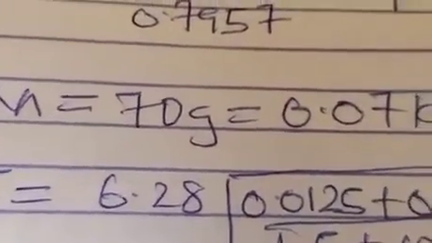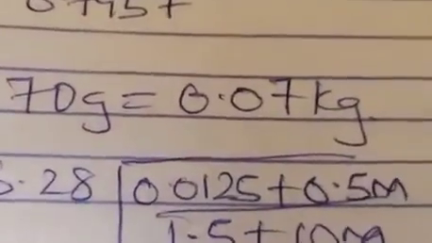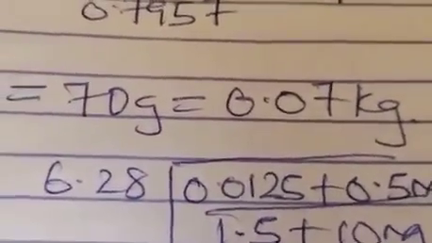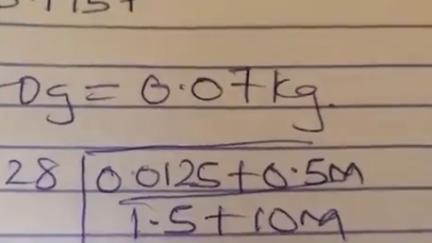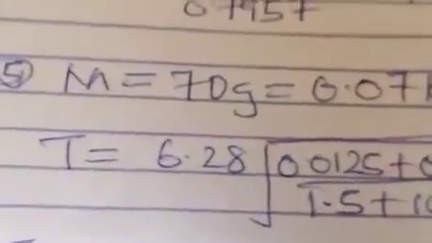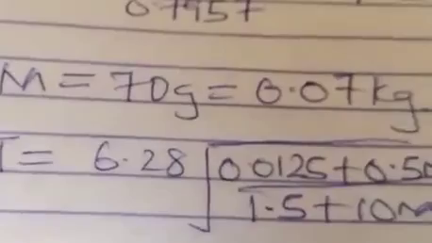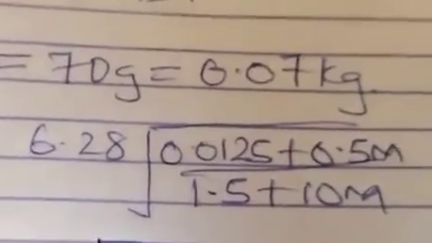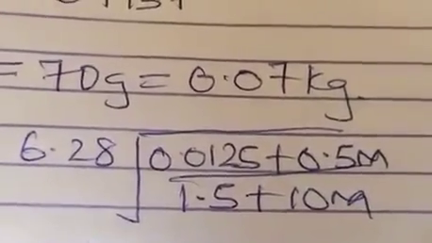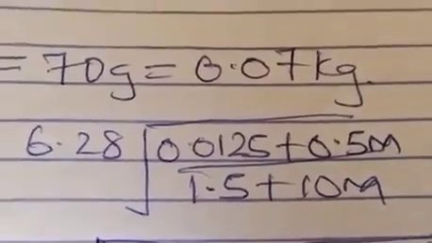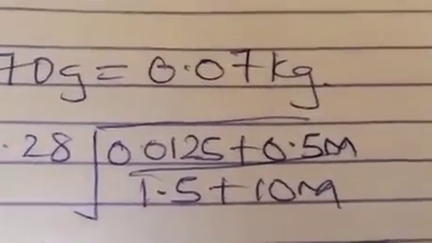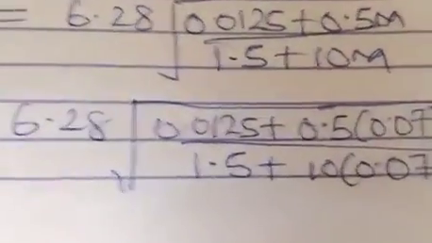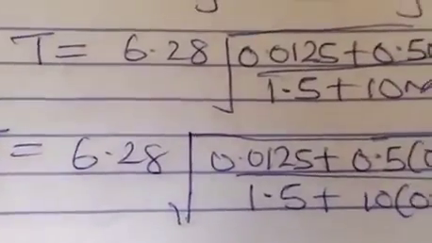We'll now look for the period, capital T. Let's calculate it. For the 70-gram mass, as we're doing for the others, the first thing we'll do is convert the gram to kg by dividing by 1,000. That gives us 70 over 1,000, 0.07 kg. So we apply the formula period T equals 6.28 square root of 0.0125 plus 0.5 m all over 1.5 plus 10 m.